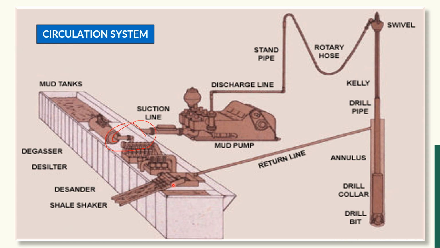The clean mud goes for further treatment to the desander, where the smaller cuttings are cleaned out, and then to the desilter, where the finer particles, or silts, are cleaned. Then all the clean material passes through the degasser.